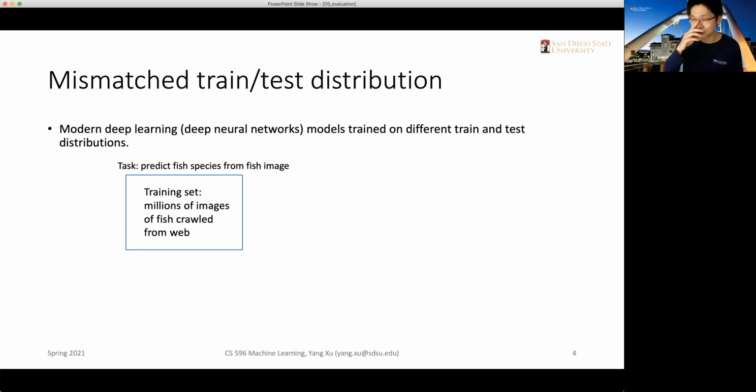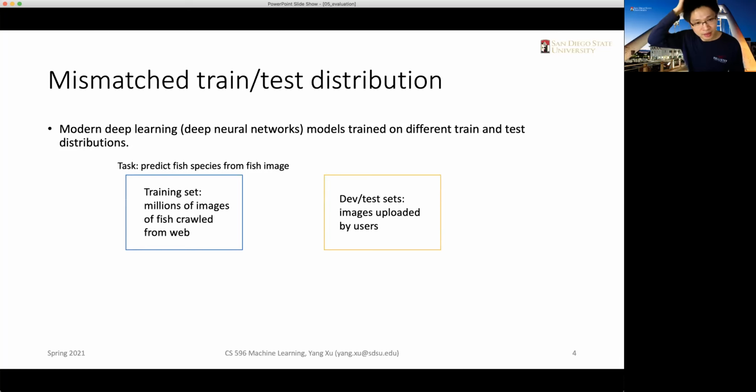So that all those images are very model-friendly and very clean. But after the models are trained, if we release that as a product, then the actual input from the users, like images uploaded from phones or web cameras, can be very noisy.